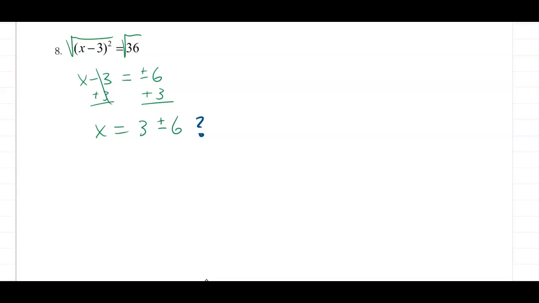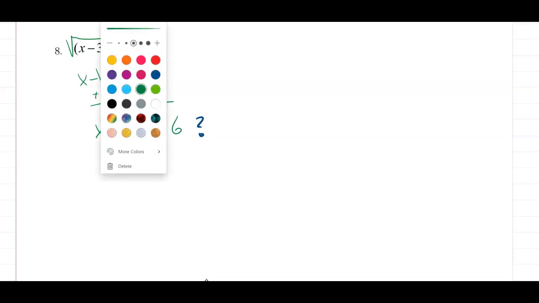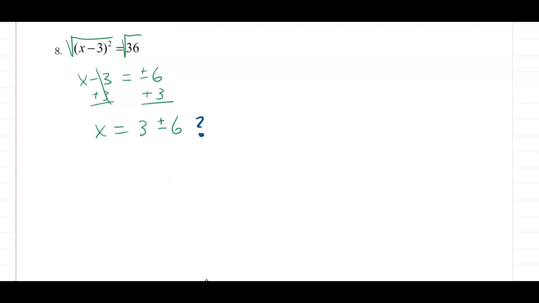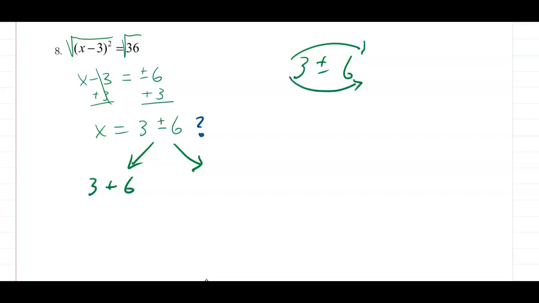Well, we're going to get two solutions. If I write 3 plus or minus 6 here, one of the solutions we're going to go over the top, and we're going to write 3 plus 6. The other one we're going to go underneath, and we're going to do 3 minus 6.